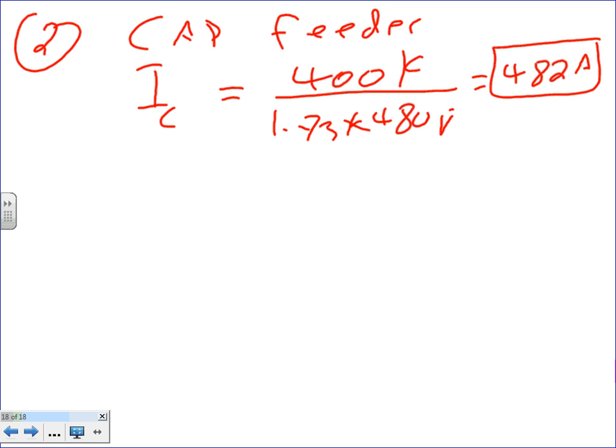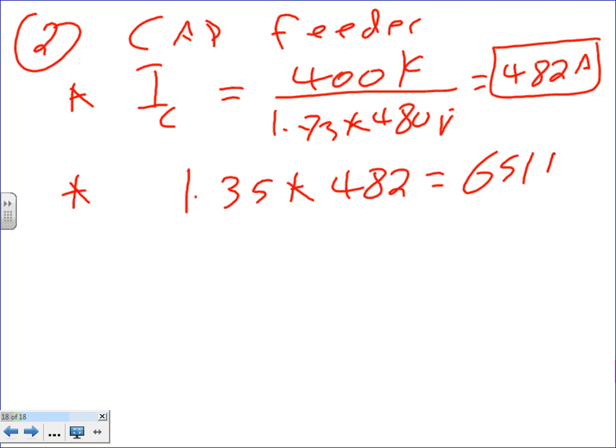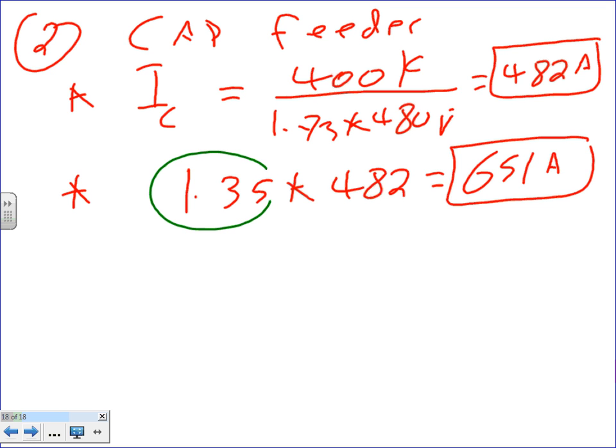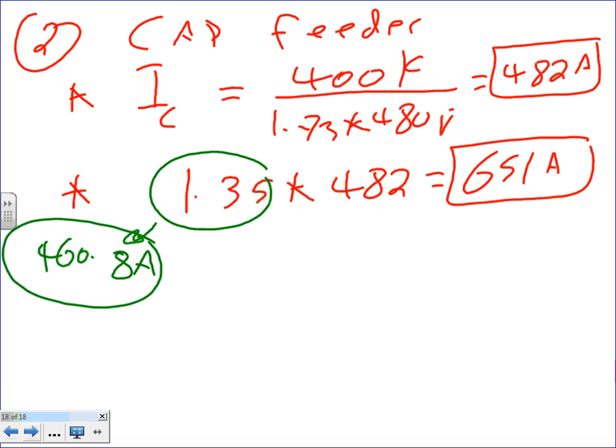Okay, so that's step number 1 here. Step number 2, my friends, you take 1.35 times 482, and that will get you 651 amps. If anybody's wondering, this number is coming from NEC 460.8.